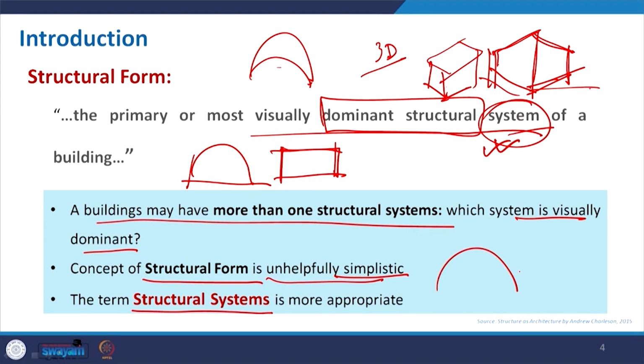But a structural system can also be defined with other parameters like its nature, whether it is a compressive structure or a tensile structure, or we can define it in other terms like supporting structure or supported structure.